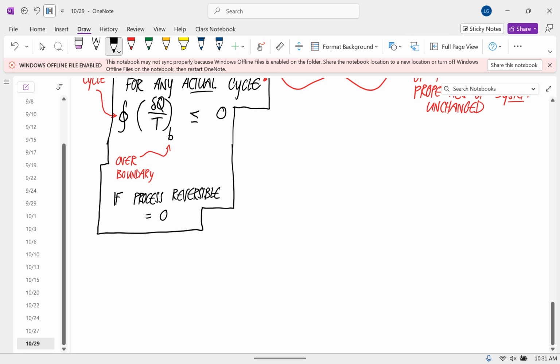Okay, this is ugly looking, but you can think of it in sort of a simpler way.